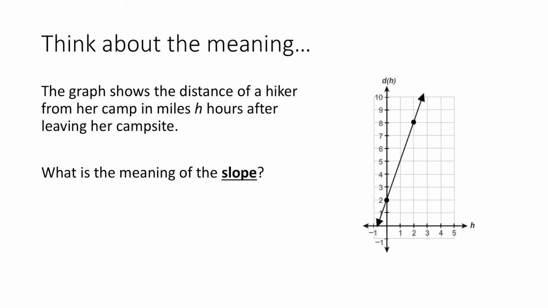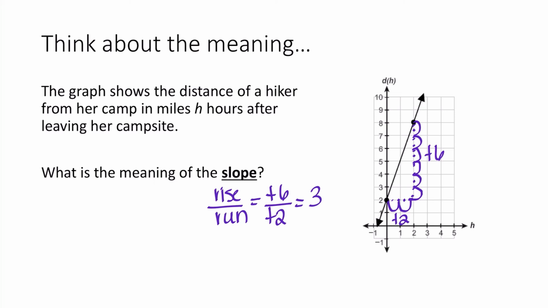So now let's think about the meaning of the slope. The slope, remember, is the rise over the run. So let's draw a path between these 2 points. I'm going to go right 1, 2, which is plus 2, and I'm going to go up 1, 2, 3, 4, 5, 6, plus 6. So my rise over run is plus 6 over plus 2, which equals 3.